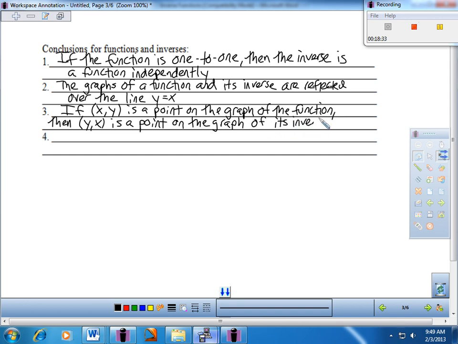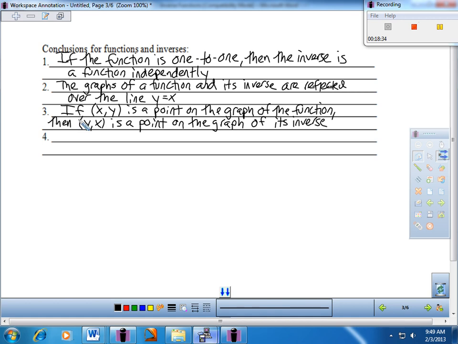Awesome. All right, good. So by definition, what happens is an inverse is going to be created by taking all of the x's and y's and switching them. And that's what makes our inverse. Good, which leads into number 4.